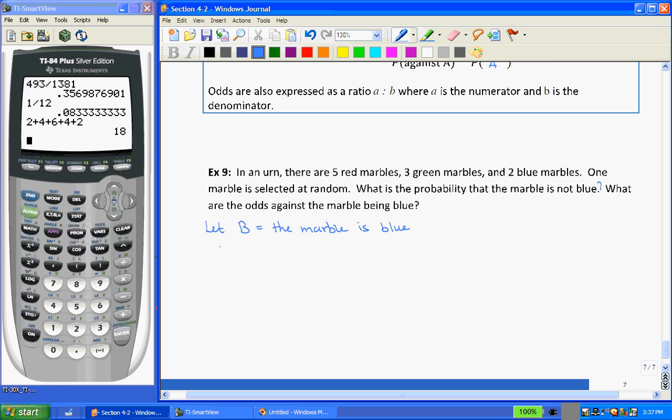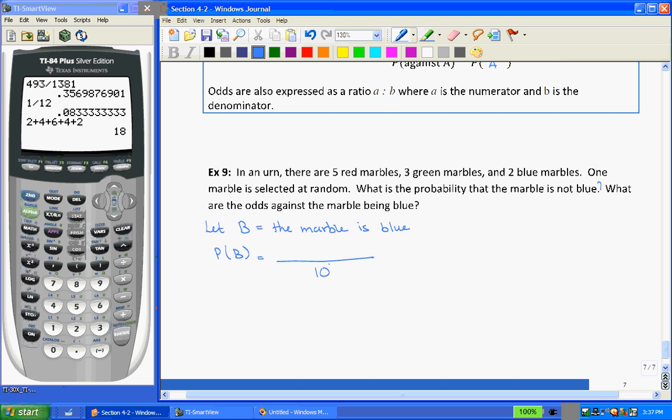And we know how to set up a probability. First I need to know how many marbles there are total, because they didn't tell us explicitly. But we can find out by adding up what we have. So 5 red marbles plus 3 green marbles and 2 blue marbles gives us a total of 10 marbles altogether.